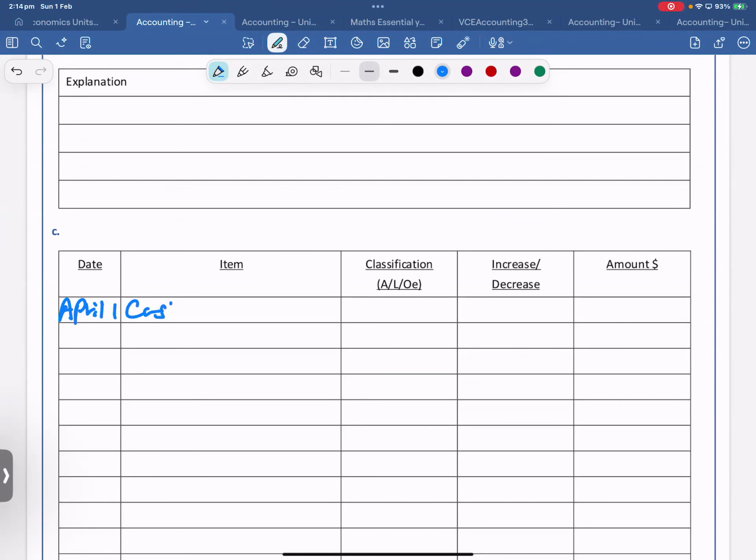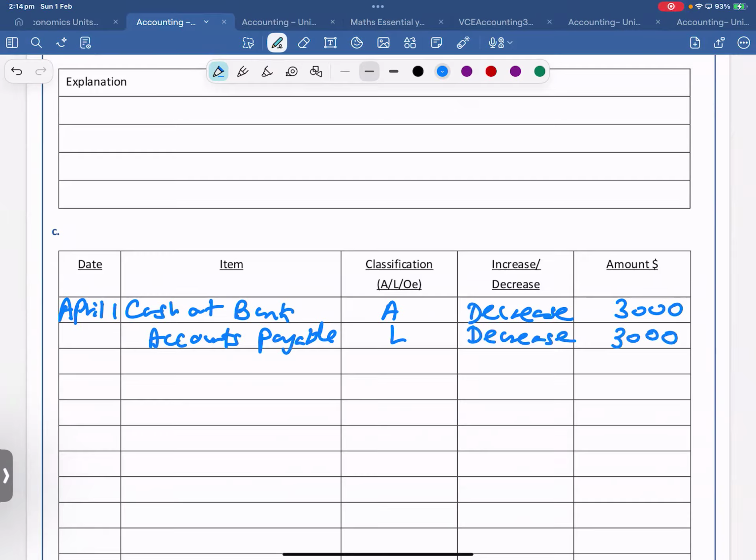Cash at bank. Asset decrease. Why? Because we paid 3,000 to accounts payable. Then accounts payable, liability, that also decreases 3,000.